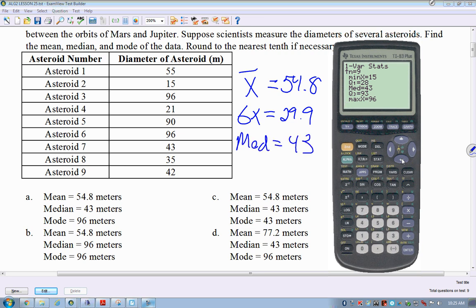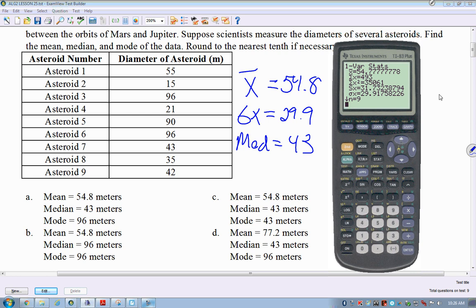So I've got my mean, which is 54.8, my median, which is 43, and I could see the mode. I don't know if it lists it or not. It doesn't, at least not where I see it. So do we understand how to get to this, how to get our data, find it, and use it? Yes? Okay.